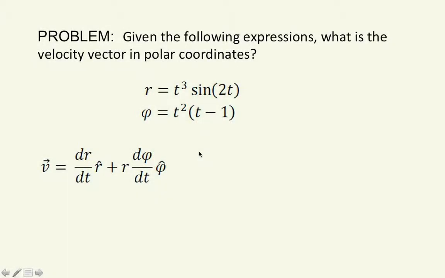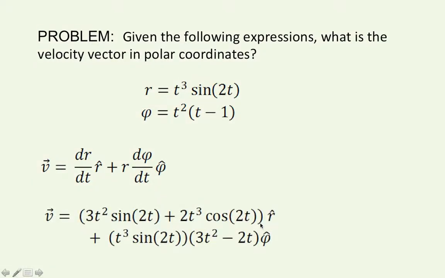The first thing that you're going to want to do is take these expressions and plug them into our expression for the velocity vector. If we find dr dt and d phi dt and plug them in, we get this equation, which looks sort of messy. Go ahead and write this down and make sure that you've got the exact same equation that I've got here.